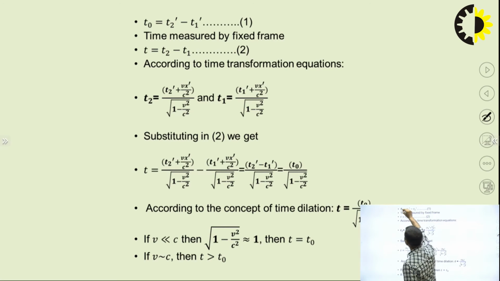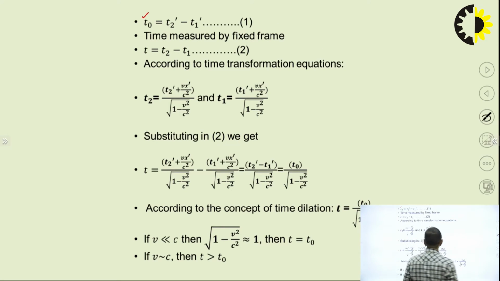So this t naught is the proper time, because it is measured from the same frame of reference, where the clock exists, the clock is in the moving frame and the observer is in the same frame. So the time interval between the two events with respect to the moving frame will be the proper time, and mathematically t naught equals t2 prime minus t1 prime.